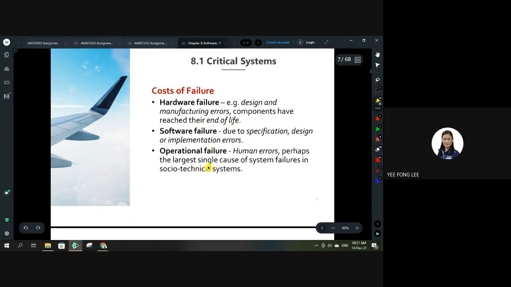These three failures are often interrelated. Let's say, for example, a failed hardware component might mean that the system operators have to cope with unexpected situations and additional workload. At the same time, this might put them under stress, and when people are under stress, they often make mistakes.